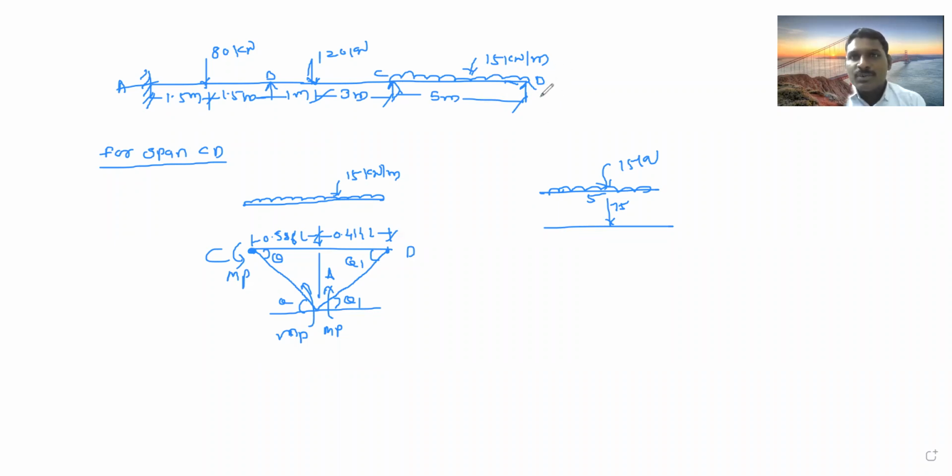If D were a continuous support, then moment would be present here. But here D is the end support and a simple support, so the moment will not be there. Only 3 moments will be there. Are you getting it, everyone? So this is our beam mechanism for a beam carrying a UDL.